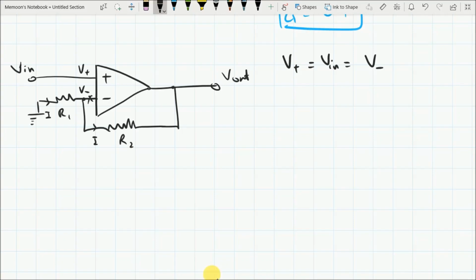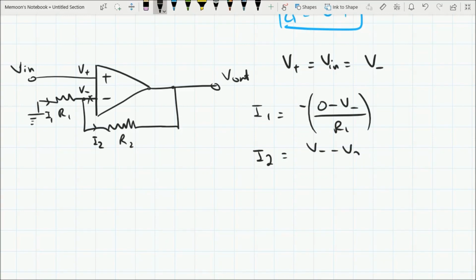So let's find out the currents, I1 and I2 here. I1 is equal to 0 minus V negative over R1, and I2 is equal to V negative minus V out over R2.